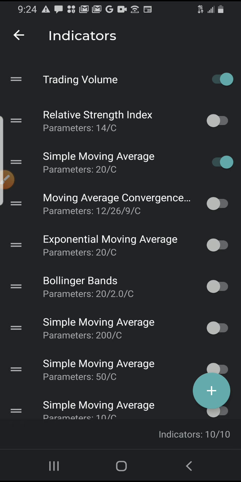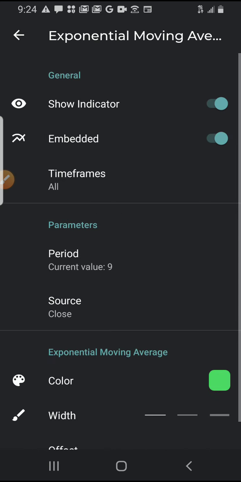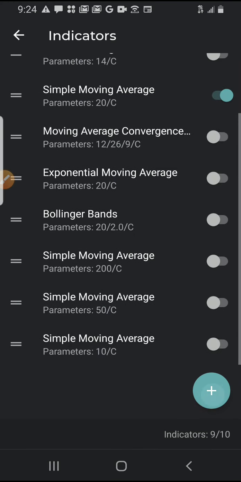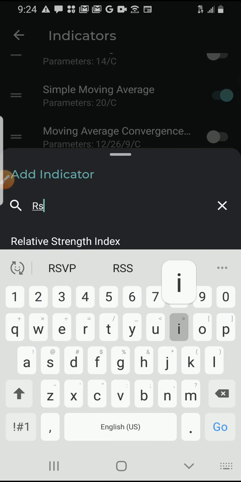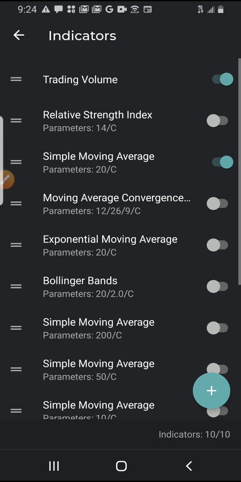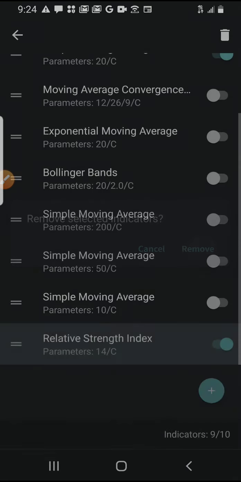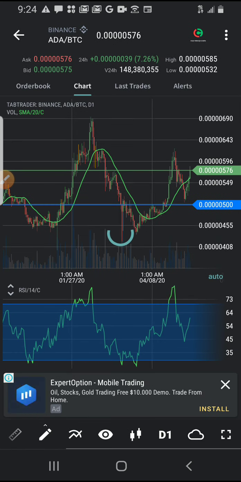So I've already added it, but if you don't know how to add, you can just click on this plus sign, search for relative or RSI, see it here, and you just add automatically. Let me delete and enable the one I already have here and go back.